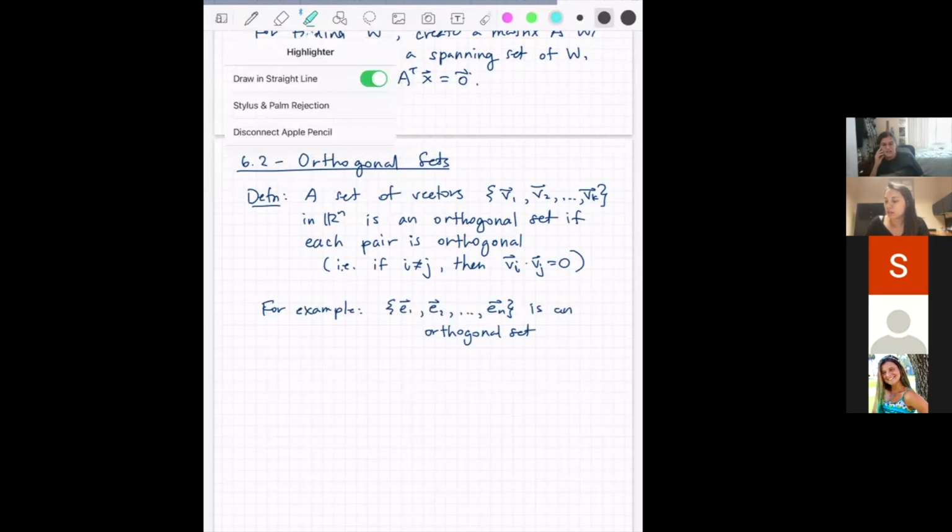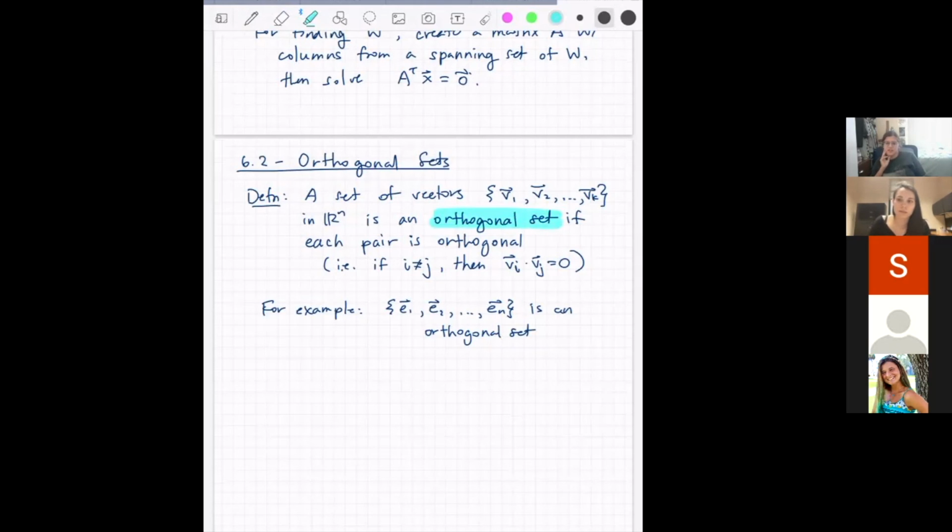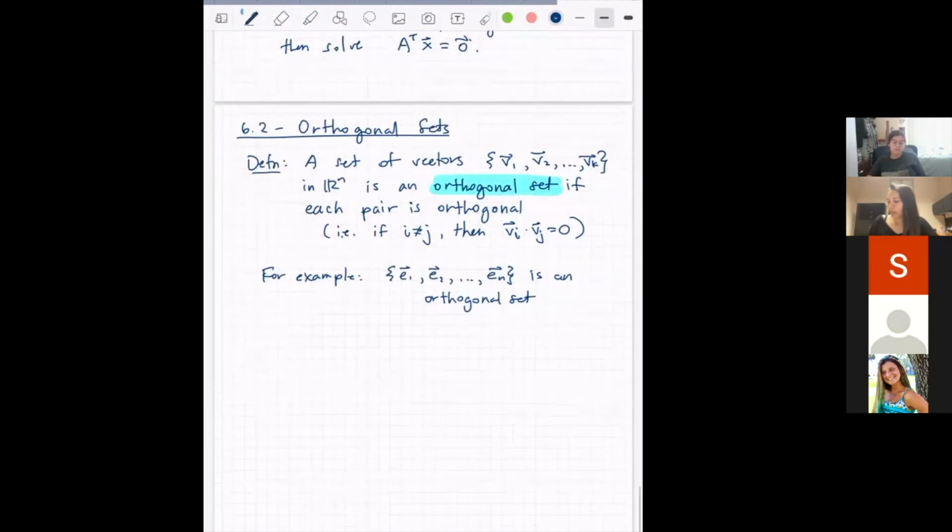And this is an if and only if situation. So if you check each combination of two vectors and each is orthogonal, then it's an orthogonal set? Yes. Okay, thank you.